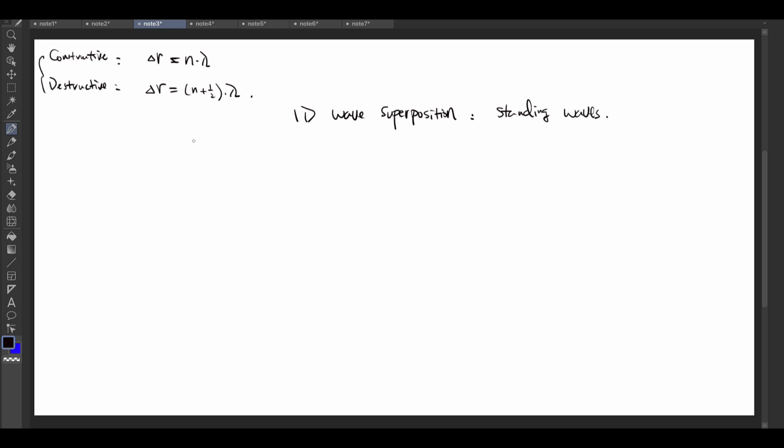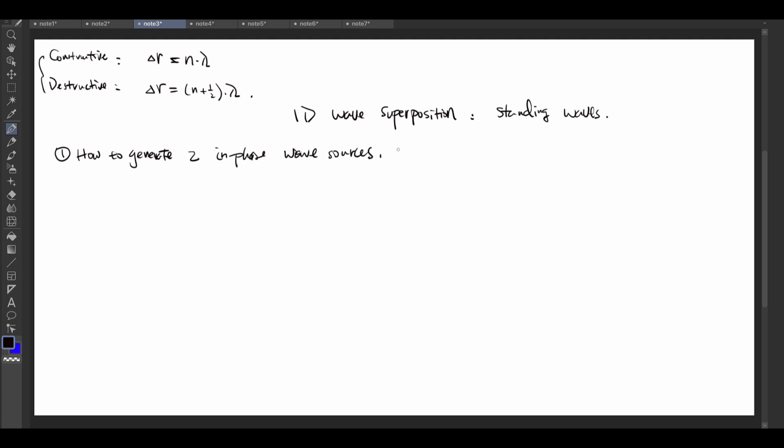Now, to talk about 1D wave superposition, we have several questions. The first one is how to generate two in-phase wave sources.